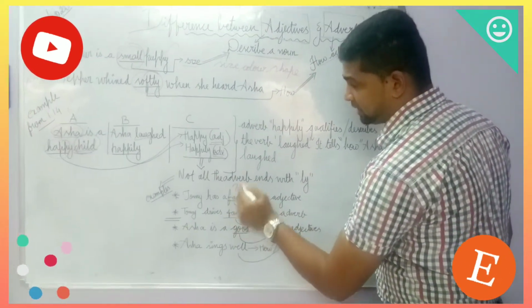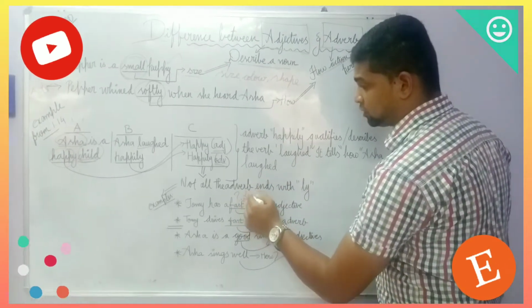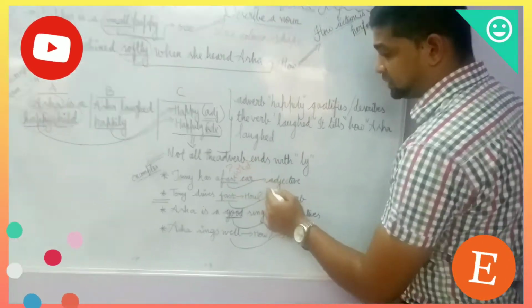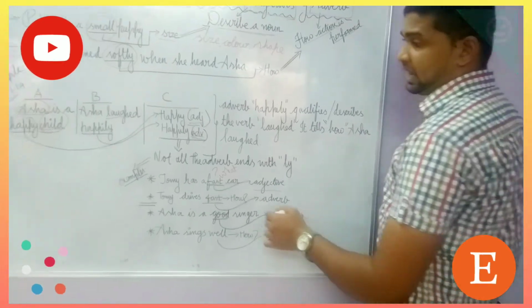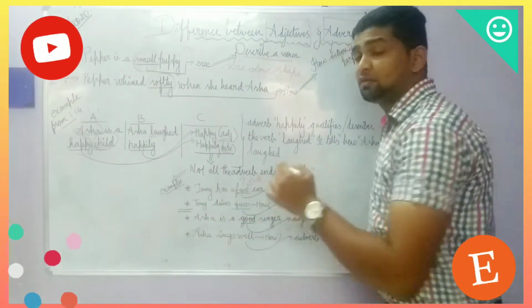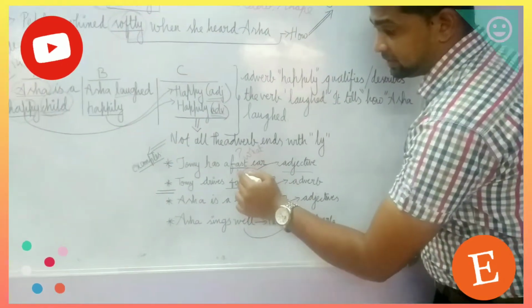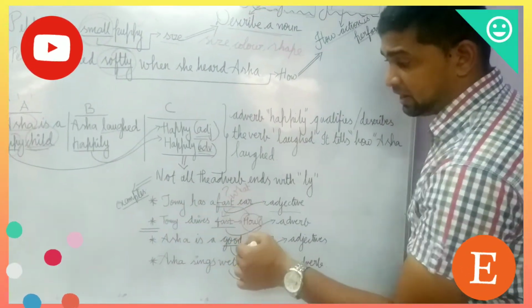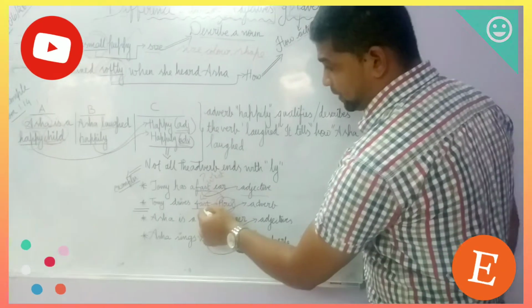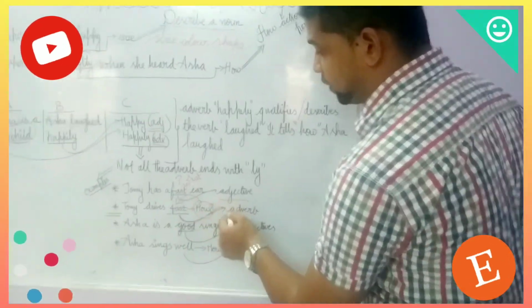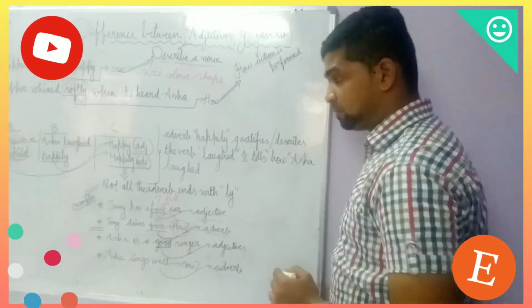Here, what kind of car? So this is an adjective. Second, Tommy drives fast. How did Tommy drive? Fast. So when we say how an action is performed, this is called an adverb.